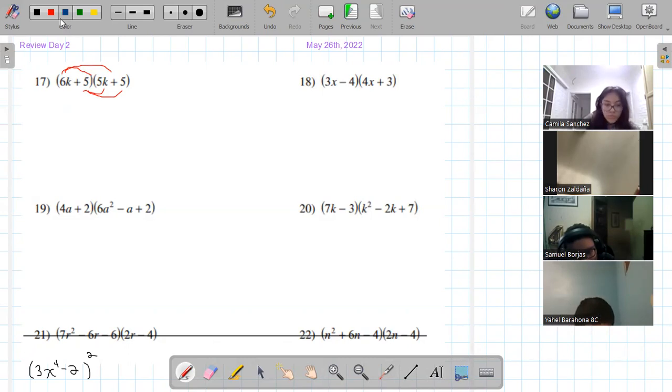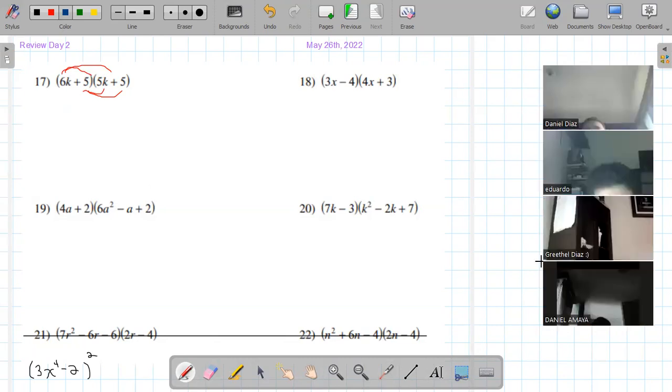Okay, so let's multiply over here. How much is 6k times 5k? 30k. To the second power, very good. Remember, we add the exponents when we have the same basis multiplying. 6k times 5? 30k.